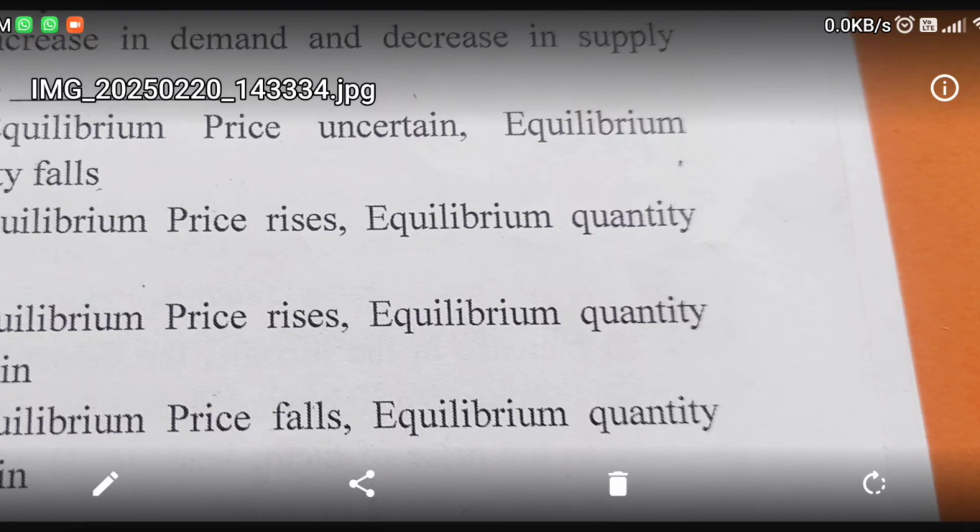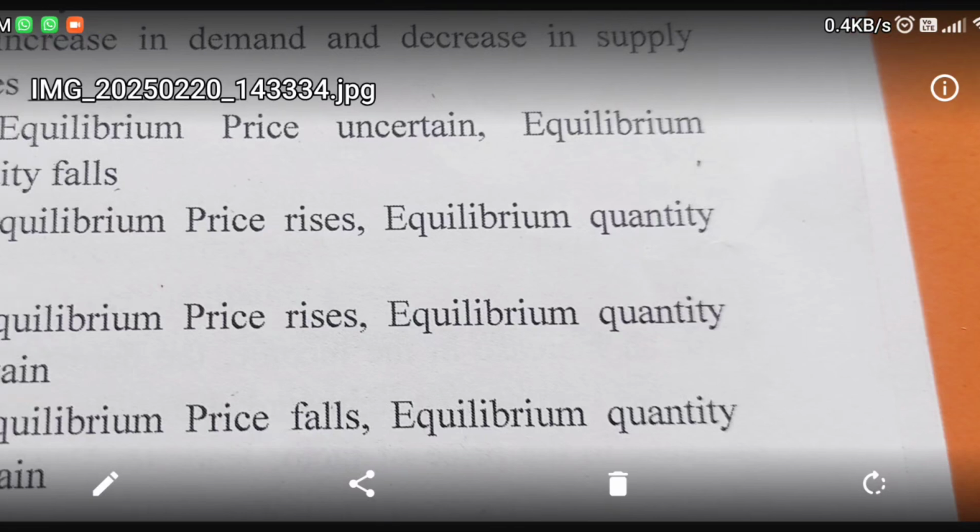Increase in demand and decrease in supply causes: B is the right answer. Equilibrium price rises, equilibrium quantity falls.